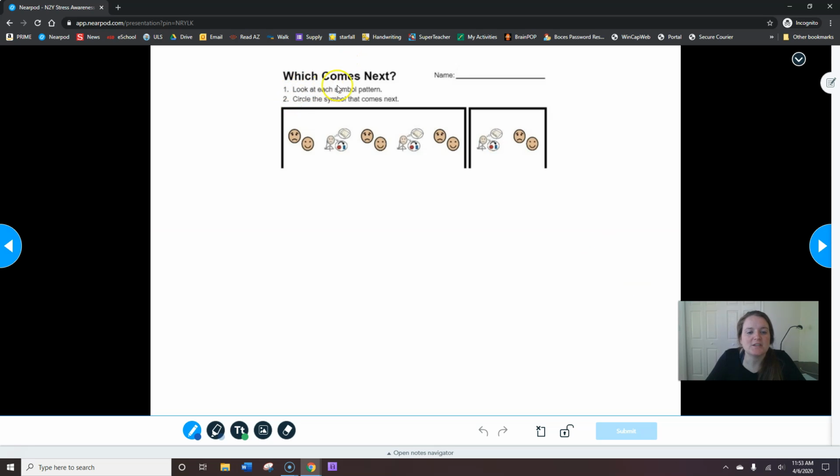Okay, which comes next? Look at each symbol pattern and circle the symbol that comes next. You know I like to label them because then it makes it easier for me to find my pattern. Okay, so this is feelings. We talked about how stress can make us feel sad, but we really want to feel happy.